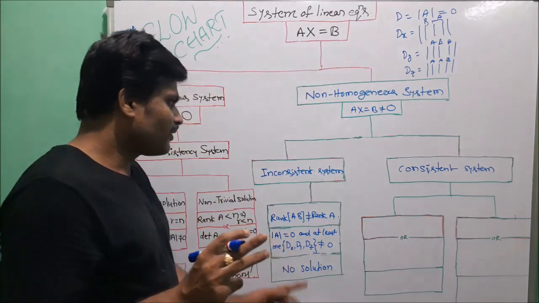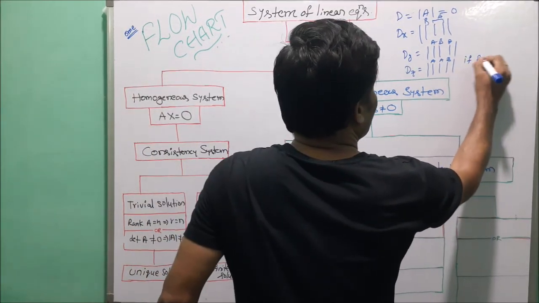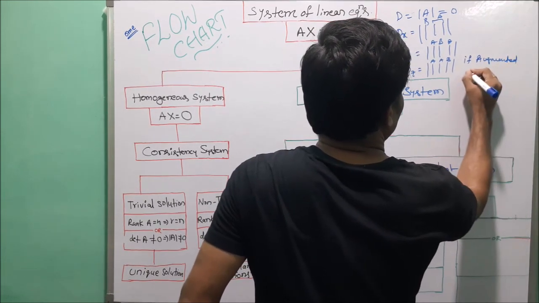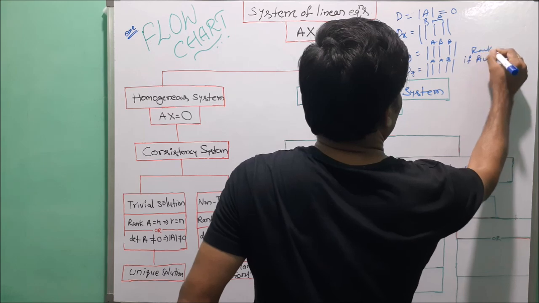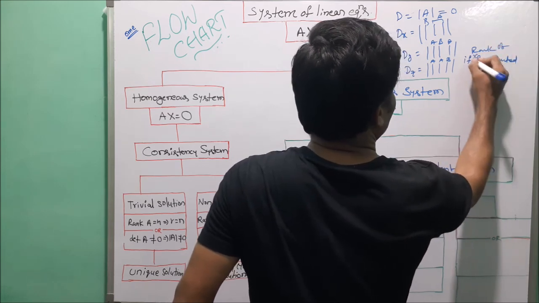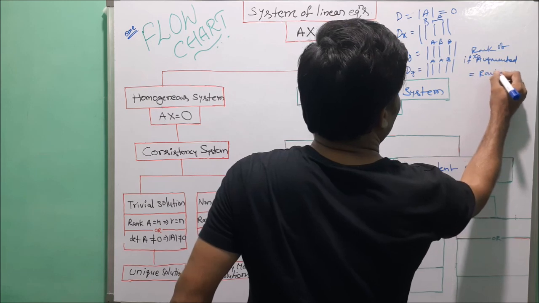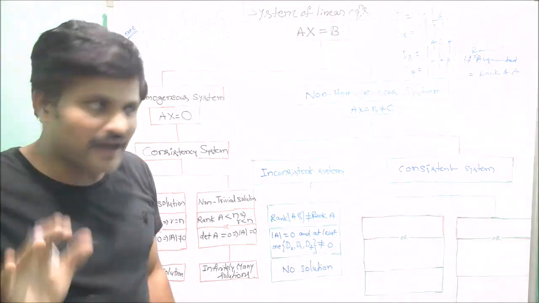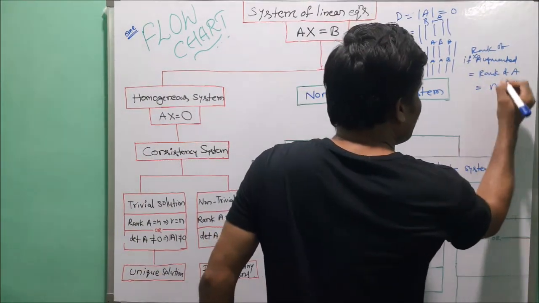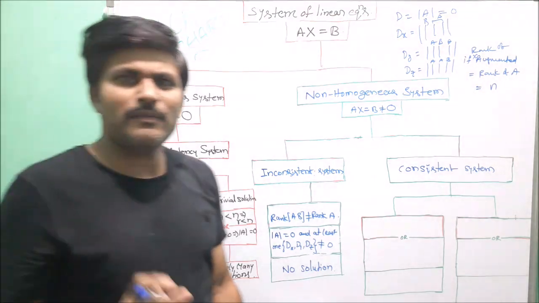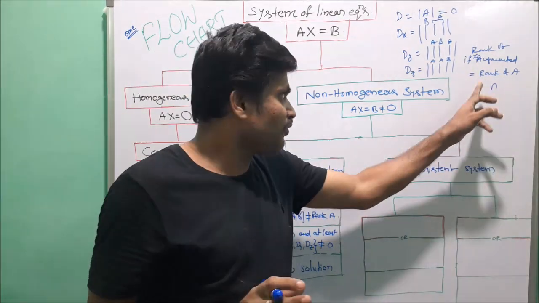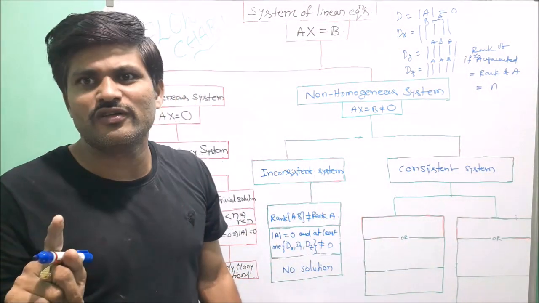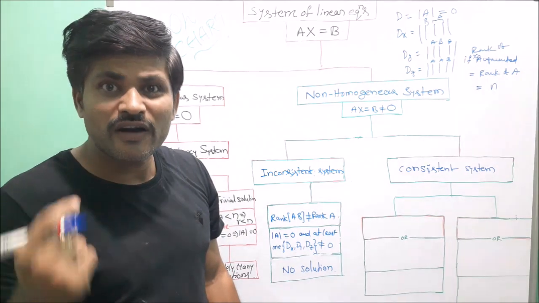If the rank of the augmented matrix equals the rank of A, which equals the number of variables or number of unknowns, then the system is consistent and has exactly one solution, that is, a unique solution based upon rank.